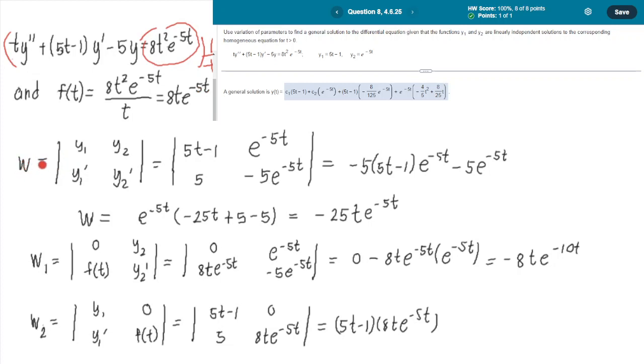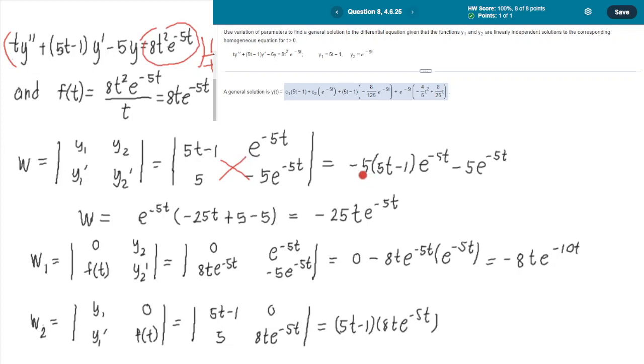Now, this is our Wronskian, y1, y2. Let's put our y1 here and our y2 here, and let's take the derivatives of these functions. Below the y1 is the y1 prime. The derivative of 5t minus 1 with respect to t is 5. And the derivative of y sub 2 is negative 5 e to the negative 5t. Now, taking the determinant, we multiply these minus the product of these.